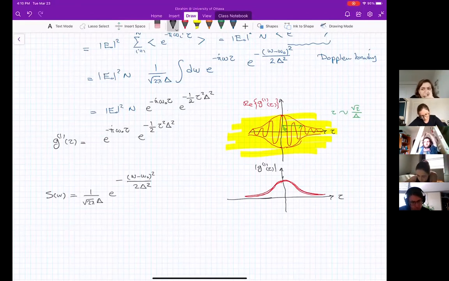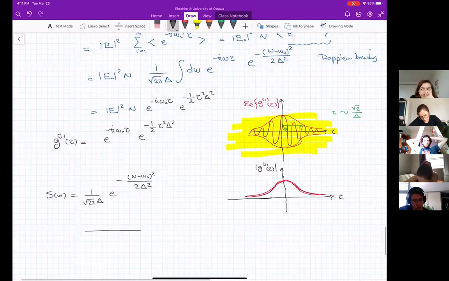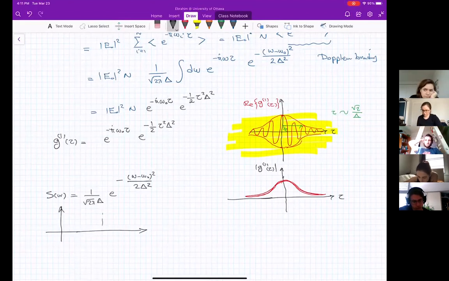It is exactly what I consider as a spectrum for the beam. That is the spectrum that we expected, and so here it will be a Gaussian profile around ω0.